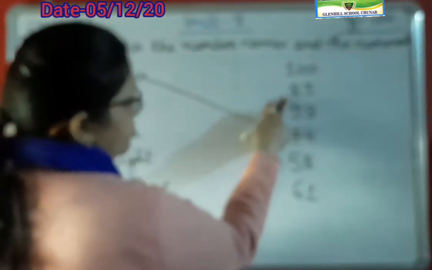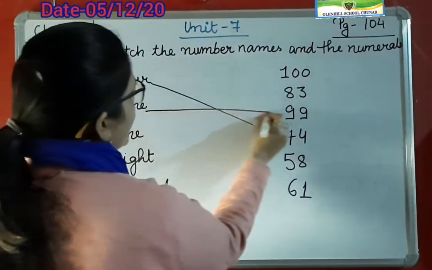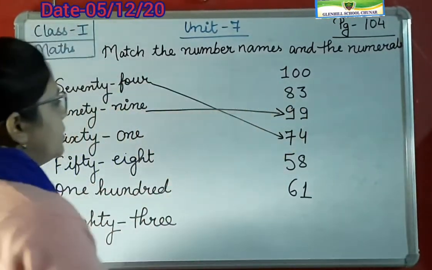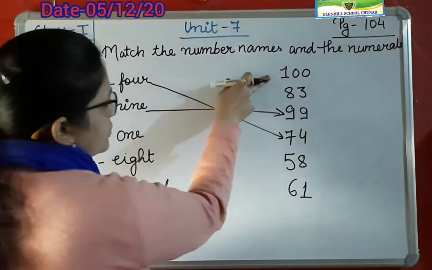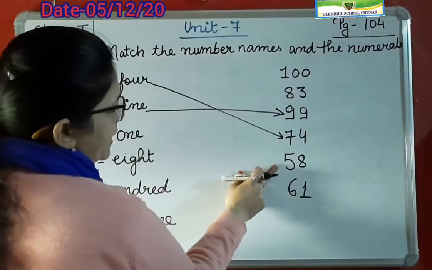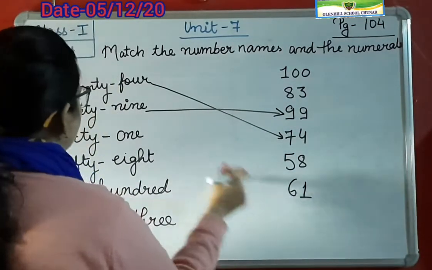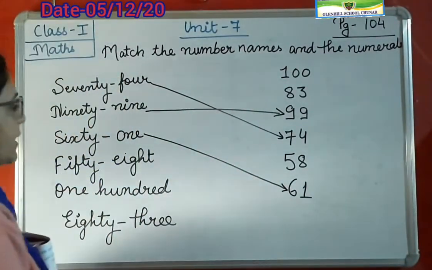So find here. It is 100, 83, then 99. So 99 is here. Then 61. So search here. 100, 83. These two are done. 58, then 61. So it is 61. Okay, students.